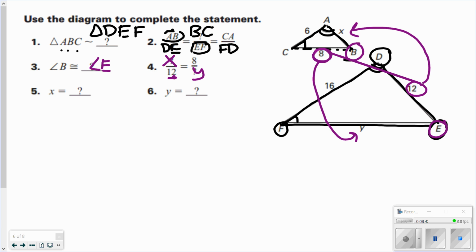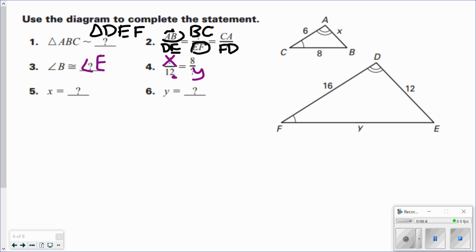So what is X equal to? Since there was a lot of things going on in my picture, I erased it so it's clean now. So we want to figure out what our proportion would be involving X. So I'm going to circle X here. Which two sides of these triangles do we know for sure? I know that this side here corresponds with this side here.